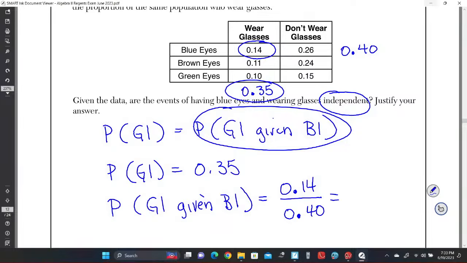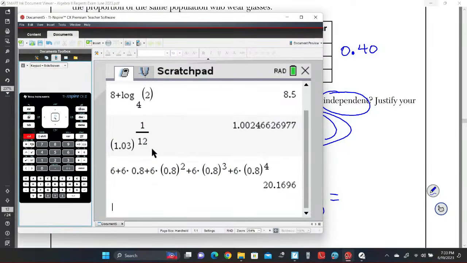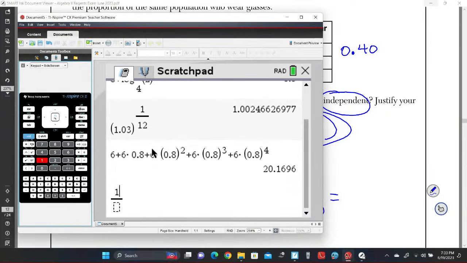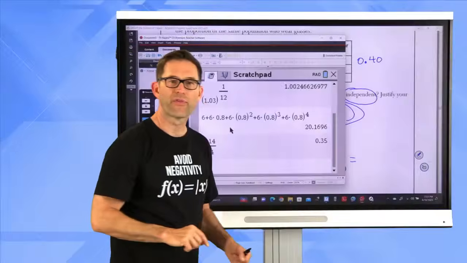Now, of course, I want to do that on my calculator. So I'm just going to pull that out real quick. 0.14 divided by 0.40, enter, and that's 0.35.